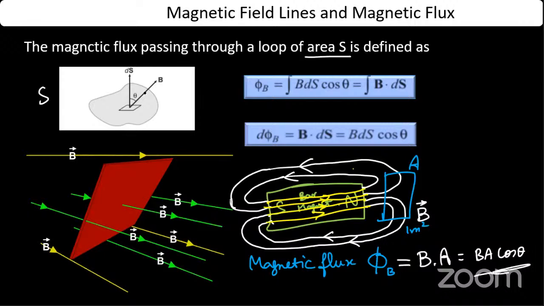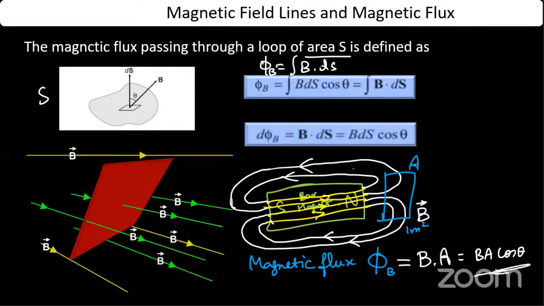Hope everyone remembers. My magnetic field B is perpendicular to this small area. If I integrate this area, I'll get the entire area. So my flux can be written as phi b is equal to integral B dot ds. We know that B dot ds is B ds cos theta, right?